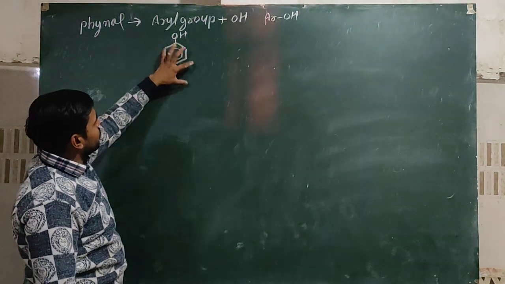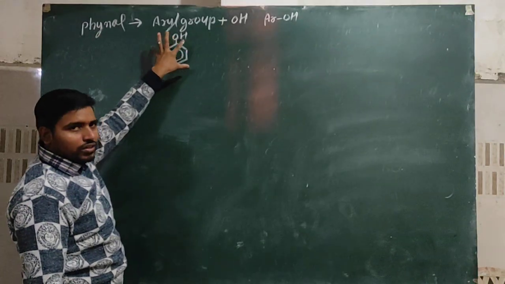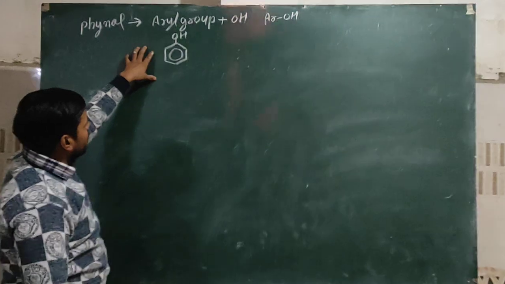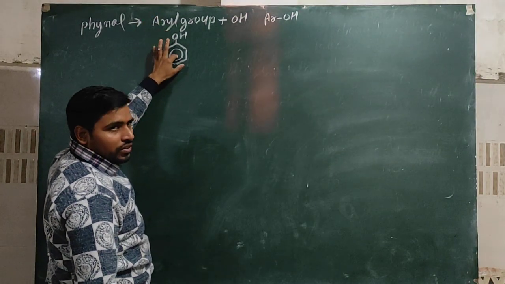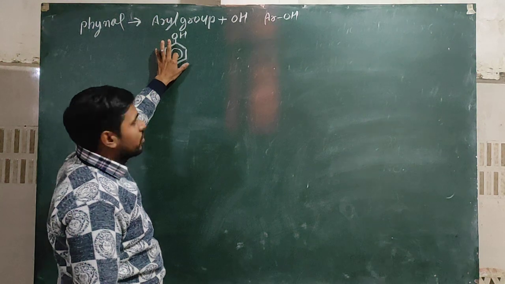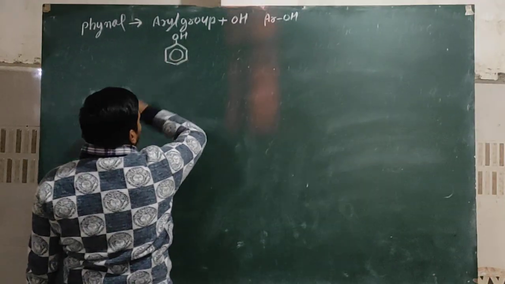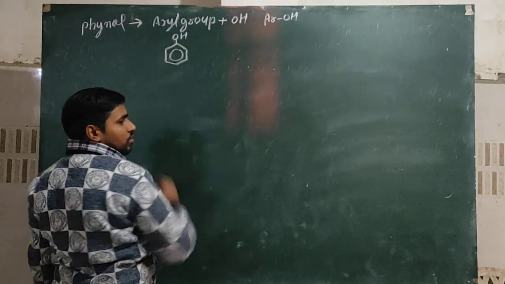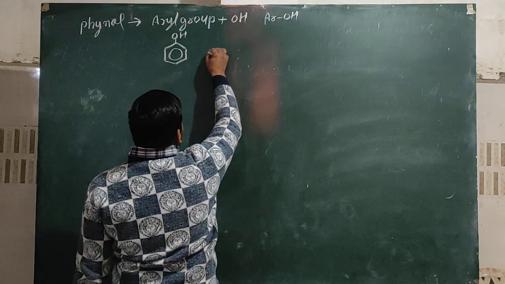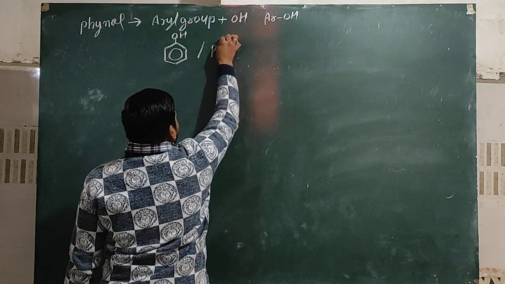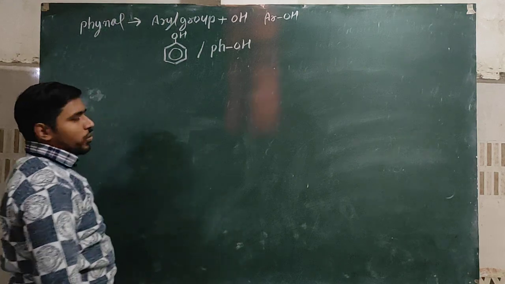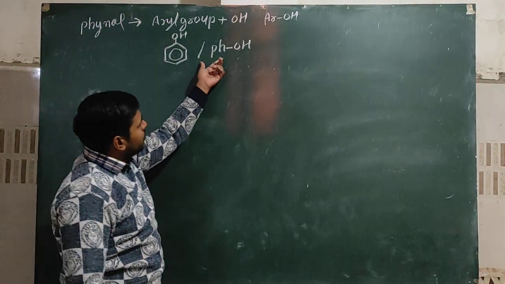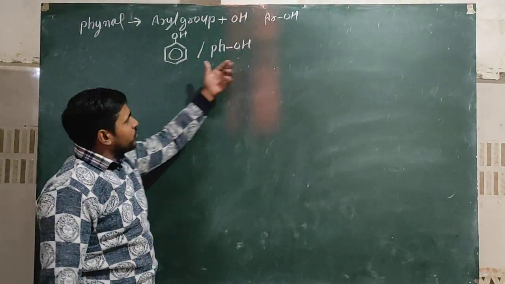Then this type of structure is the structure of phenol, because the OH group is directly bonded with the benzene ring, and this benzene ring is also known as the phenyl ring. Thus it is also indicated by PhOH. Okay, the phenyl ring is directly bonded with the OH group.